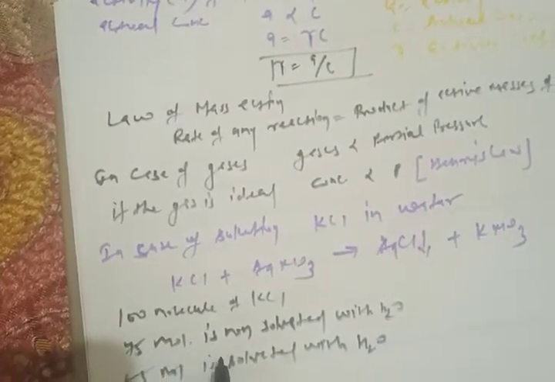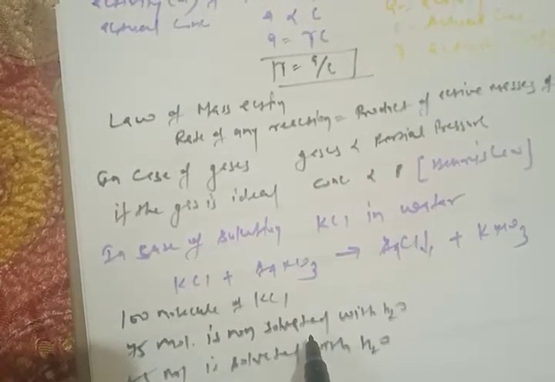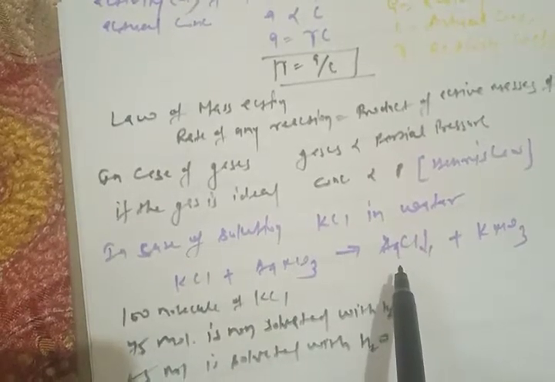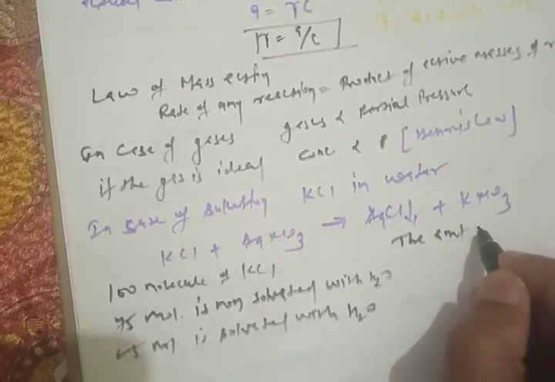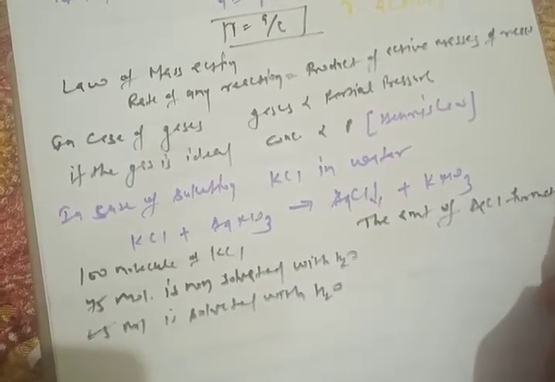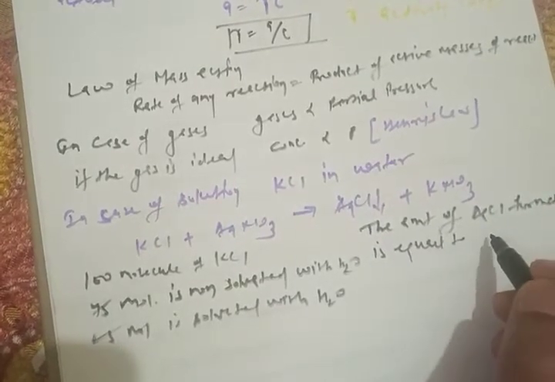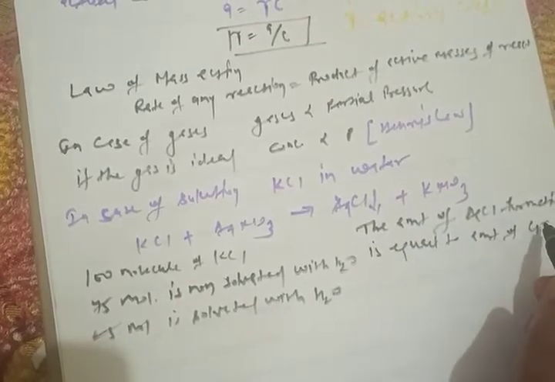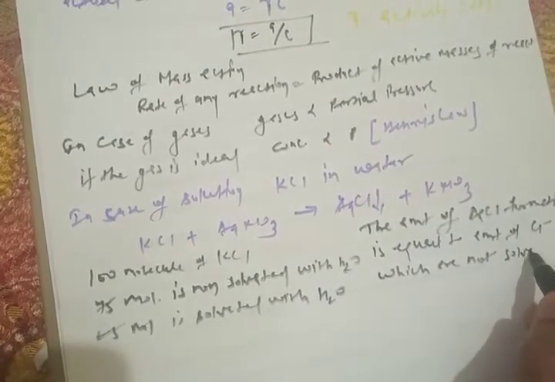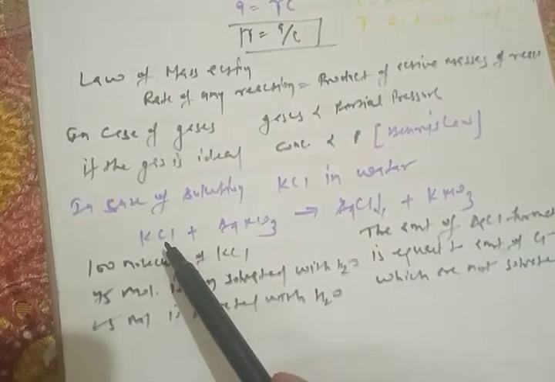So these 75 non-solvated molecules will combine with the silver of silver nitrate and give the precipitate of AgCl. So the amount of AgCl formation is equal to the amount of chloride ion which is not solvated.